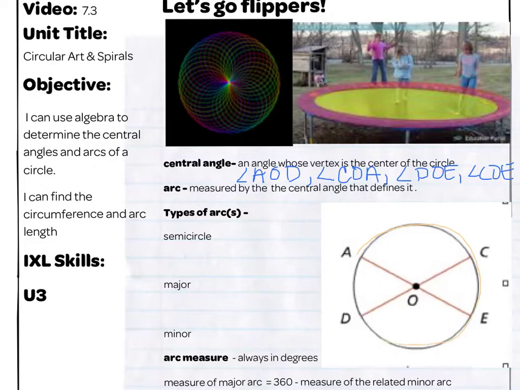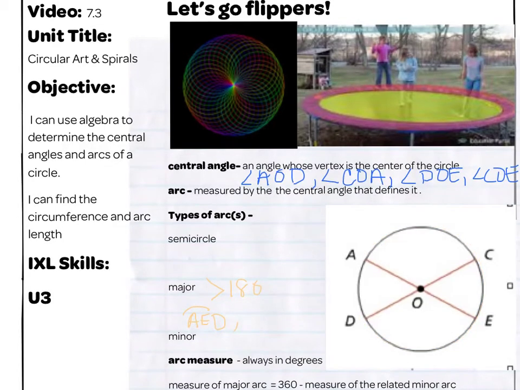We could go to D. So we could say that this would be arc, and again, it's greater than 180, and our answer could be arc AD. And you want to actually say arc AED, so the reader will know which way to go.